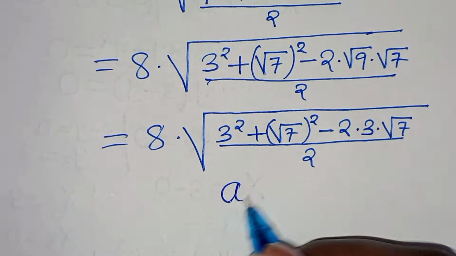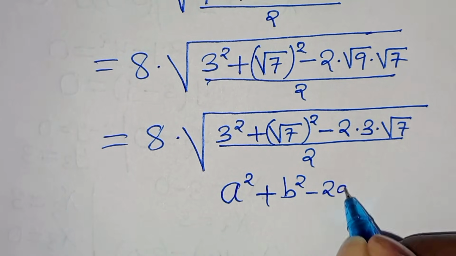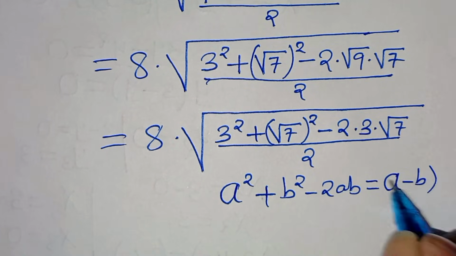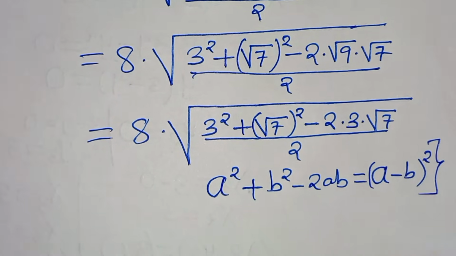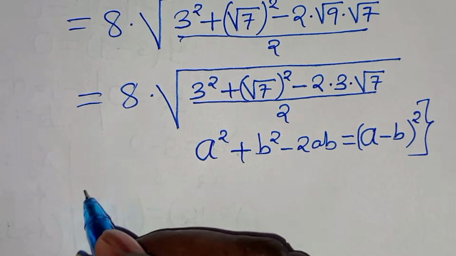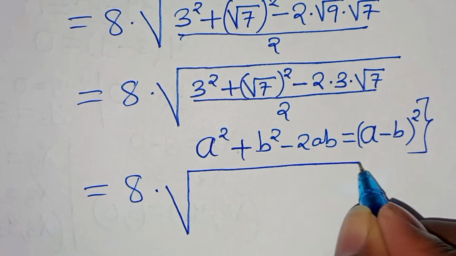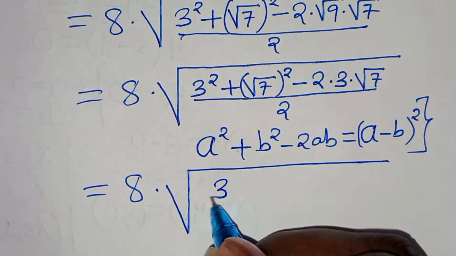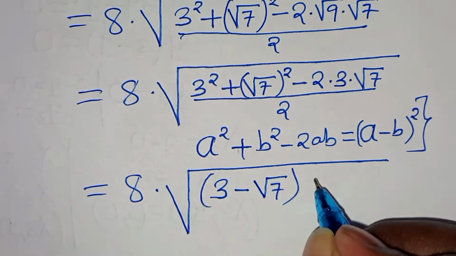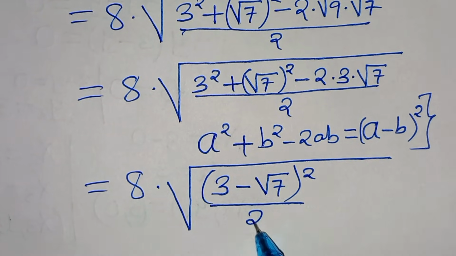This is in the form of a squared plus b squared minus 2ab, which we can express as a minus b raised to the power of 2. Now, let's apply this algebraic identity so that now we have 8 times square root of 3 minus square root of 7 raised to the power of 2, everything here, divided by 2.